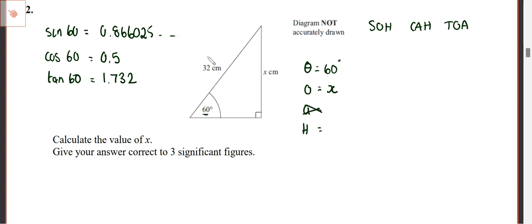This is the hypotenuse, so that is 32. Now, which ratio do I use? Well, opposite over hypotenuse, those are the ones I've got. Anything with an A in it, I cross those out. So I know that I am going to be using sine of theta equals the opposite side divided by hypotenuse.